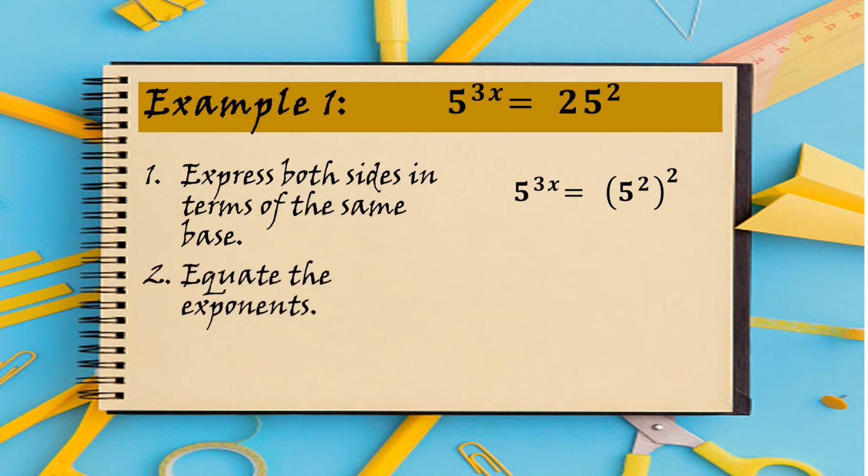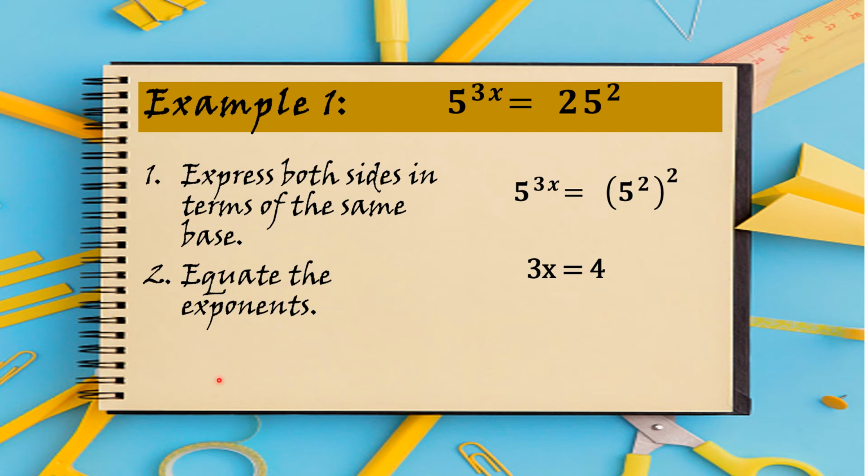Since you have the same bases, proceed with step 2, equate the exponents. So simply set the exponents equal. 3x equals 4. Using the power of a power rule, 2 times 2 is 4.